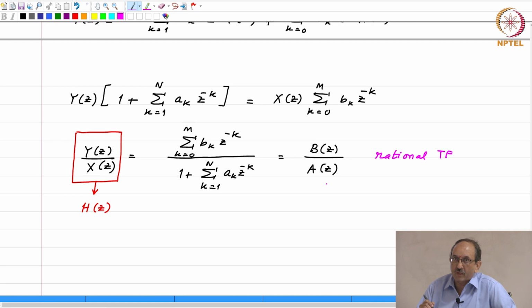Given a system with rational transfer function, there is always a corresponding LCCD associated with it in the time domain. Therefore, LCCD in the time domain gives rise to systems with rational transfer function. Systems with rational transfer functions have a corresponding time domain implementation that involves linear constant coefficient difference equations, which is the exact counterpart of LCCD in continuous time, where D stands for differential there, giving rise to systems with rational transfer function in the Laplace domain.